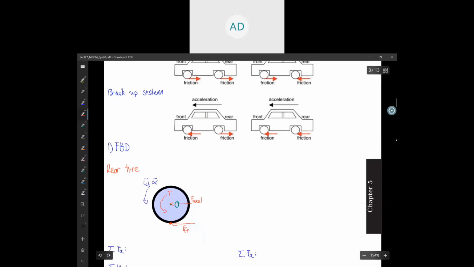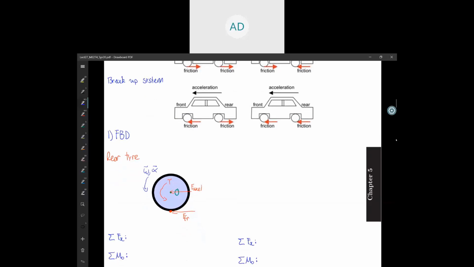So if we write our equations of motion now for this rear tire, in the x direction we have the friction force plus the force of the axle, and this will be equal to the mass of the tire times acceleration of point O. We assume the tire is homogeneous, so the center of gravity would be at the center.